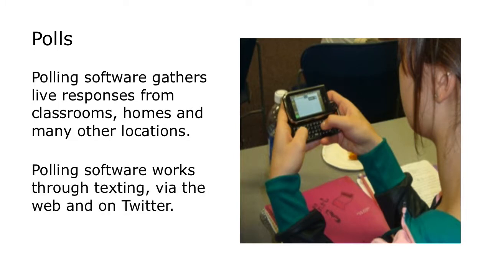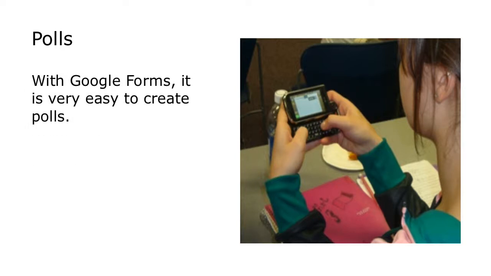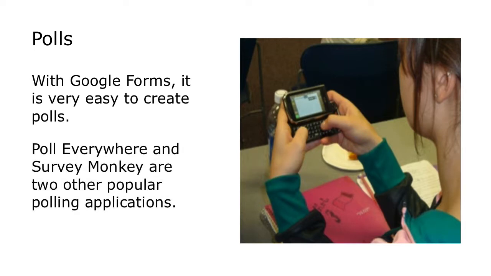Polling software works through texting, via the web, and on Twitter. With Google Forms, it is very easy to create polls. Poll Everywhere and SurveyMonkey are two other popular polling applications.